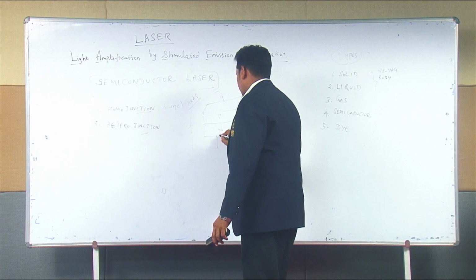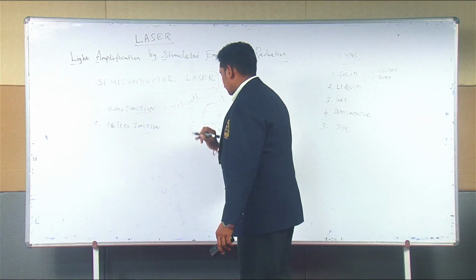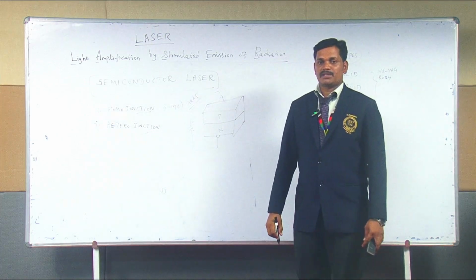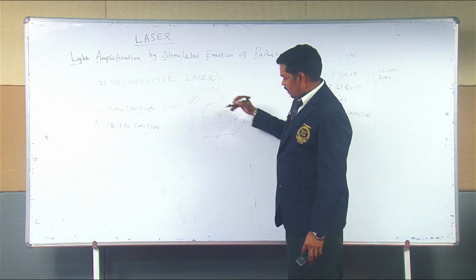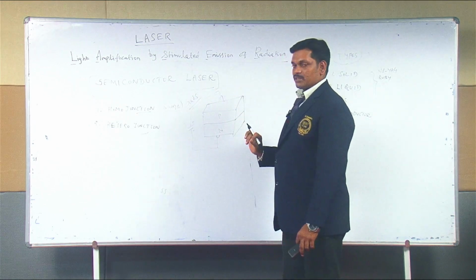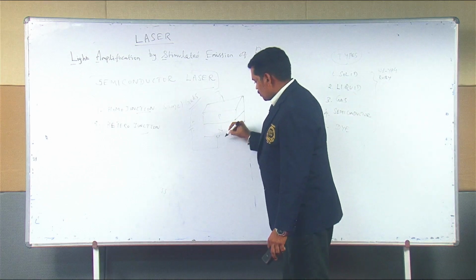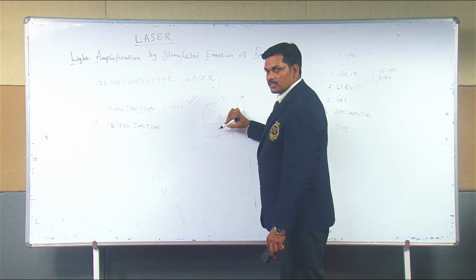So like this we have to connect. When it is subjected to forward bias, we know forward bias means the P region is connected with the positive terminal of the battery and the N region is connected with the negative terminal of the battery, then recombination takes place. We know in the N region the majority charge carriers are electrons, and in the P region the majority charge carriers are holes.